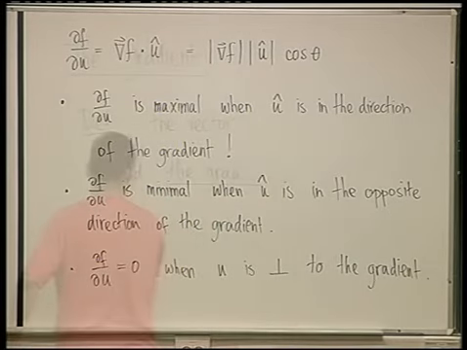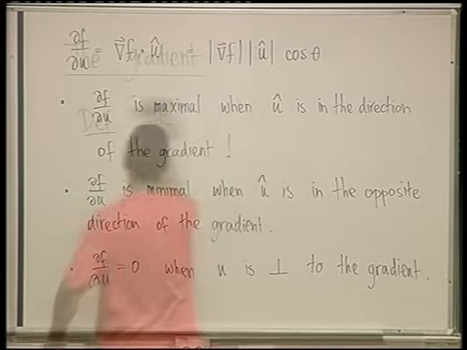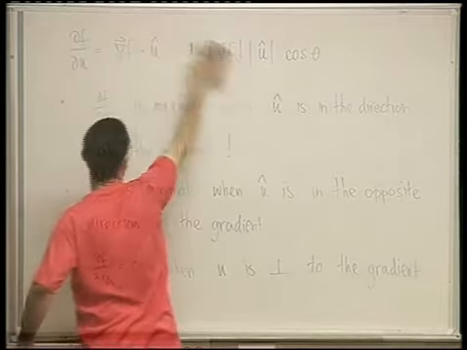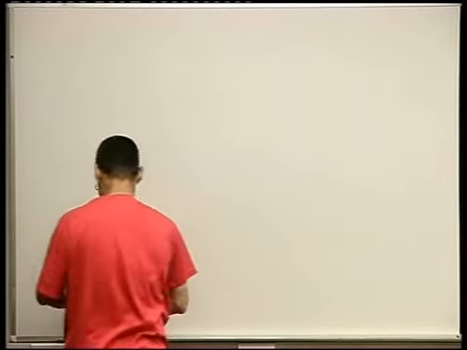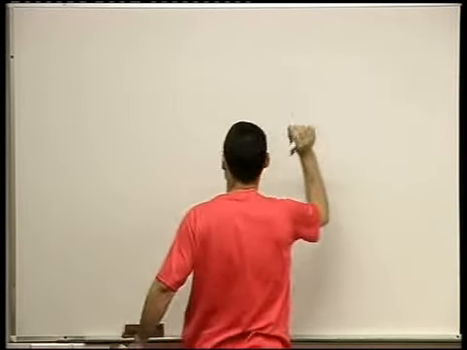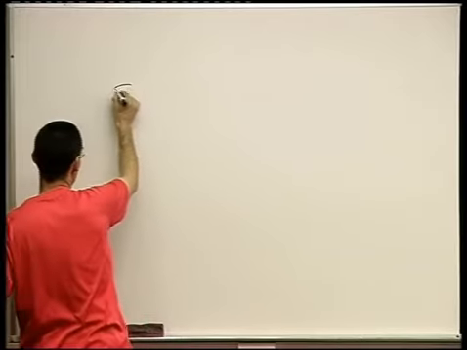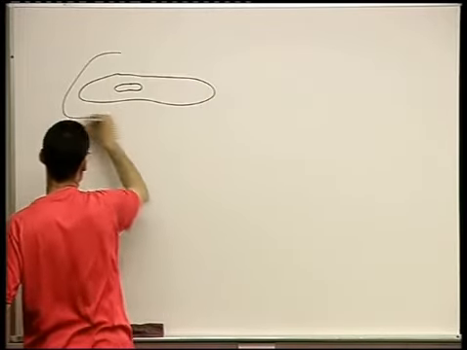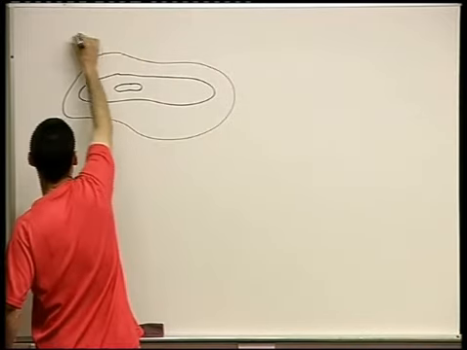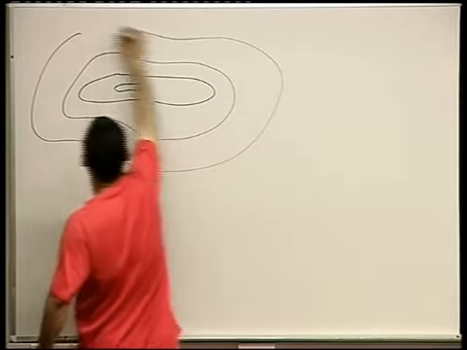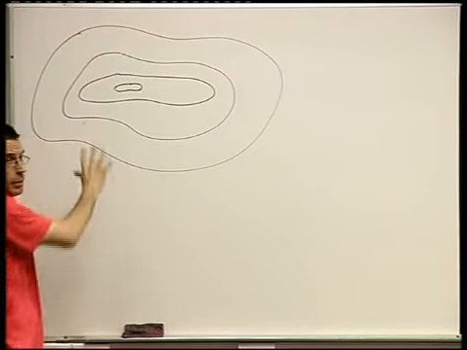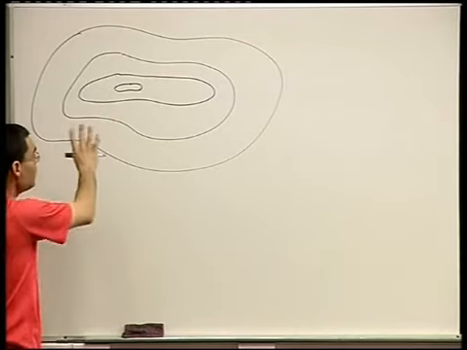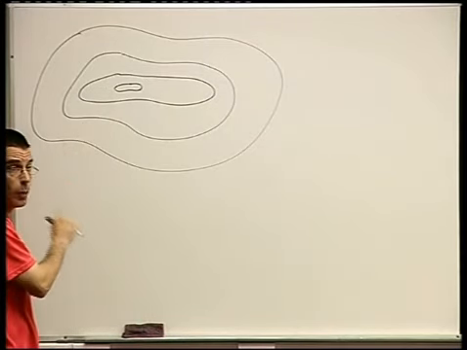I'll do my best. You open a book, you probably find better drawings. But, tell me what I'm drawing. So this is the topographic map. This is an aerial view of the xy plane, of the domain.